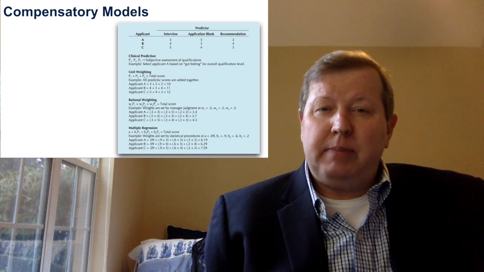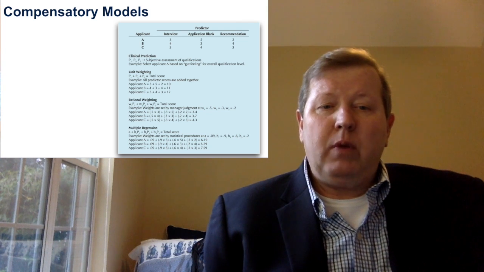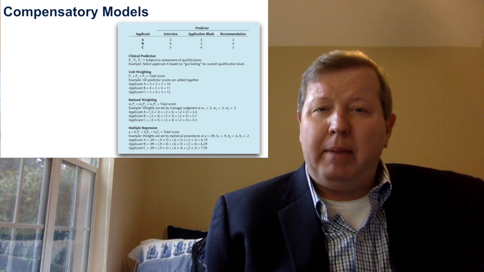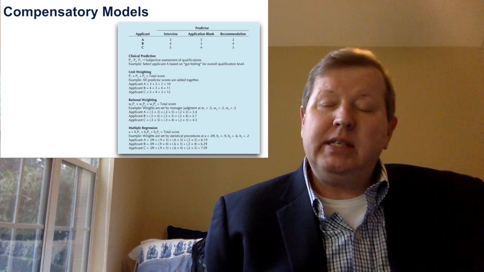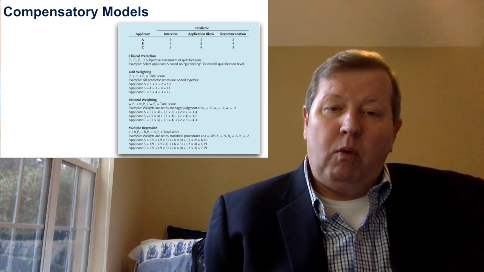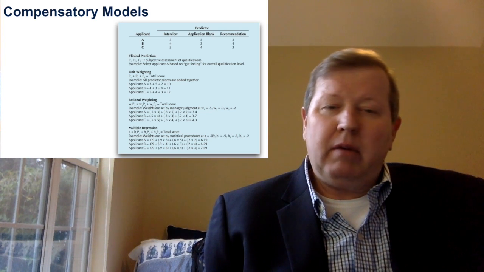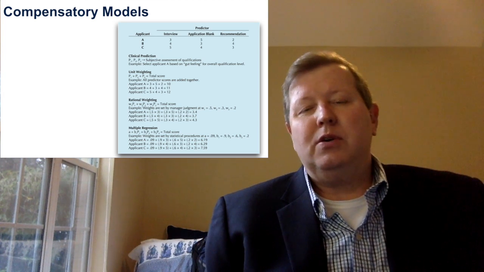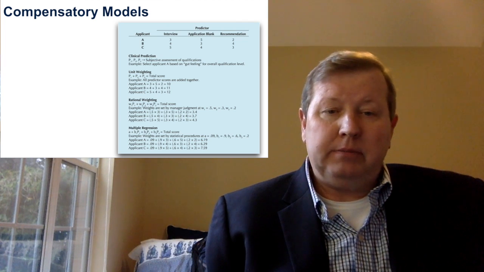So that brings us up to our next way of doing this, and this is unit weighting, where we say, in this example, we're just going to take them all, add them up, and whoever gets the highest score wins. And then we take it even a step further and we do a rational weighting where we say, you know what, I think the interview is a little bit more important, so I'm going to weight that more heavily, and the recommendations, I don't really trust those, so I'm going to weight those lower, and I'll put the application blank somewhere in the middle.